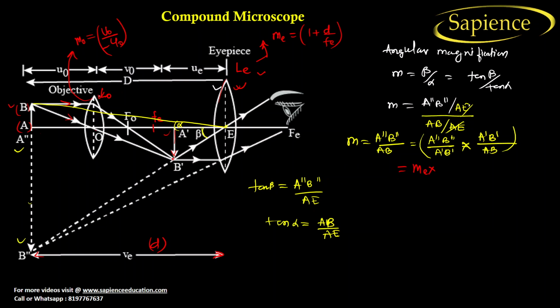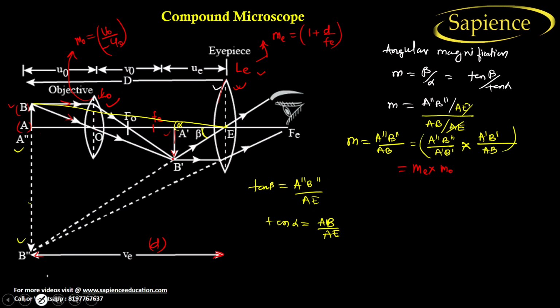Now when we talk about the objective lens, that is O, AB is the object height and a dash b dash is the image height. So image height by object height can be written as magnification of the objective. Now we just need to put the values.